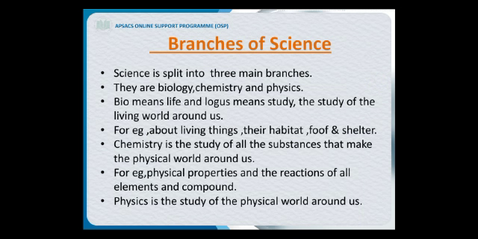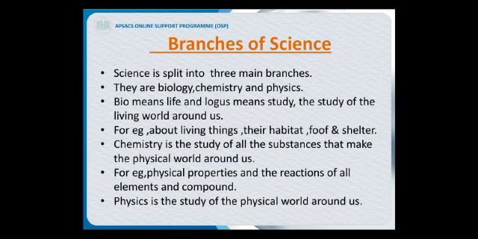Now our today's topic is branches of science. As I told you, science is the name of observation and experiments. Science is split into three main branches. These are called biology, physics and chemistry. Now one by one I will explain to you.